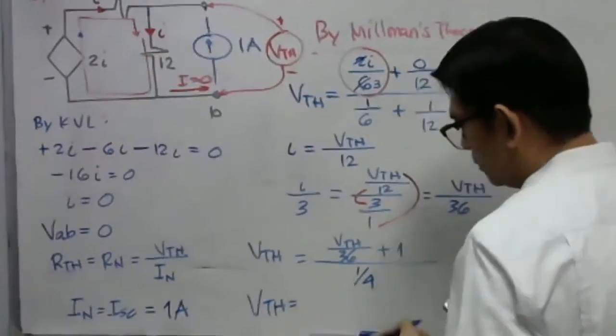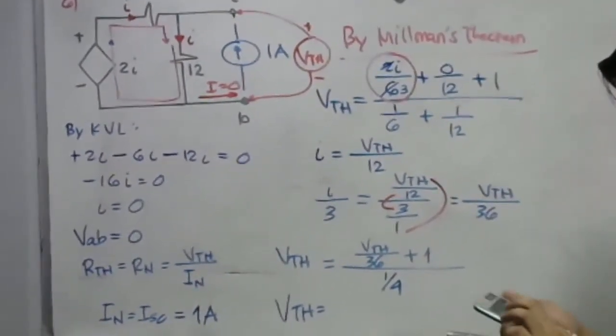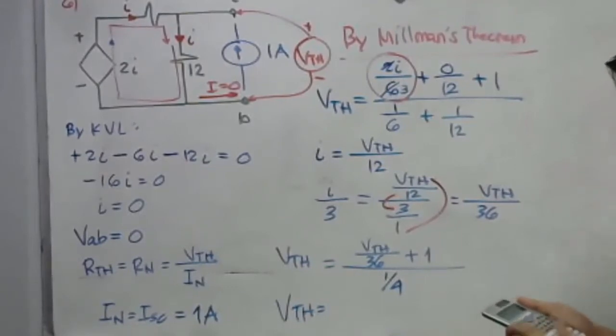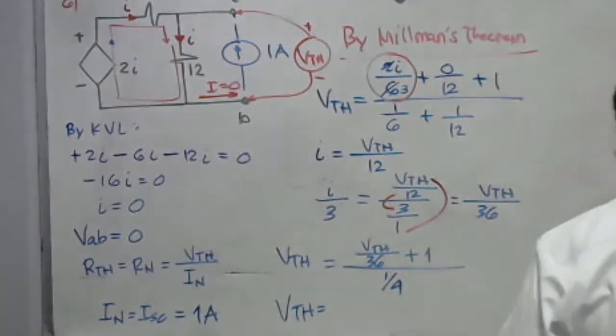What will be the value of our VTH, guys? So we have to press the alpha, close parenthesis, so that this will become variable x, then alpha calc. Then we have to press the fraction, variable x, then over 36, then plus 1, then all over 1/4. So I just replace the VTH by variable x.